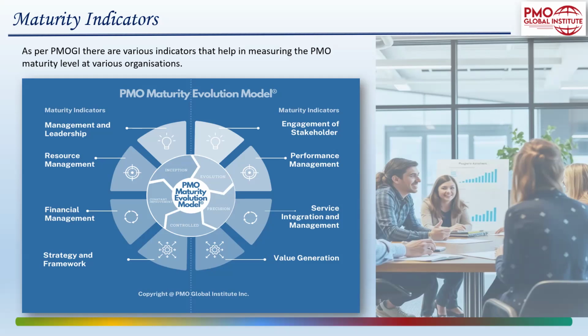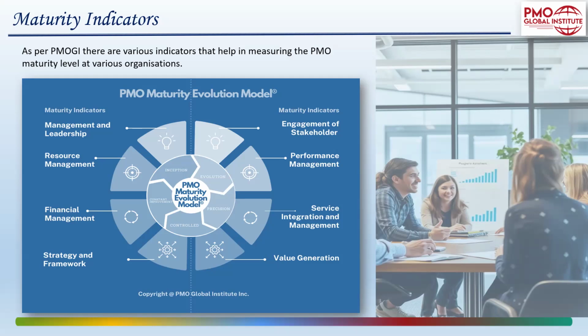If an organization is setting up or already has a PMO, and there is no involvement or buy-in from the stakeholders, the chances of the PMO being successful or effective are very low, right? Similarly, the engagement and involvement of the stakeholders and all the key people from the organization.